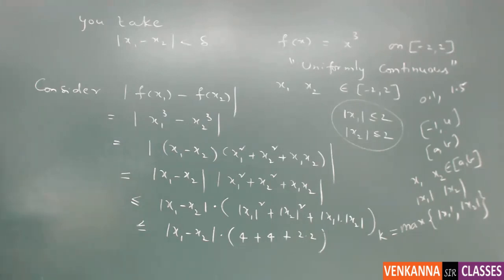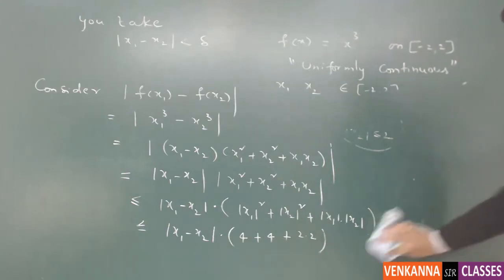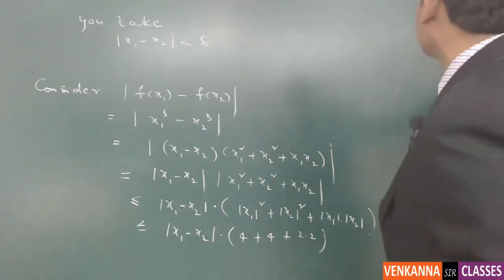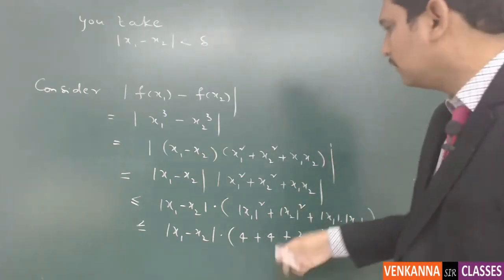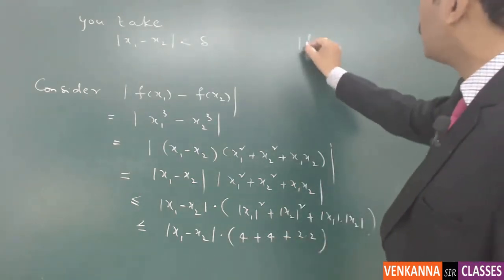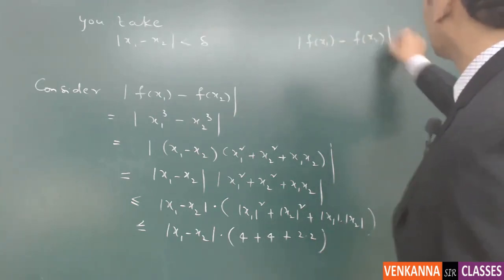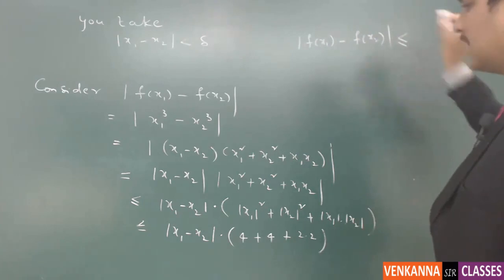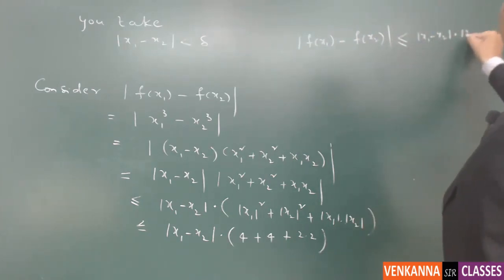Fine. Now what happens? I have calculated this value, this is 12. So modulus of f of x1 minus f of x2 is less than or equal to mod x1 minus x2 into 12.